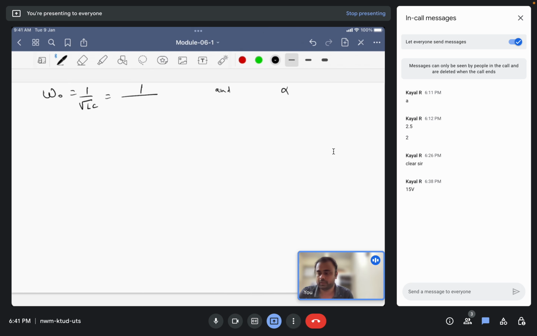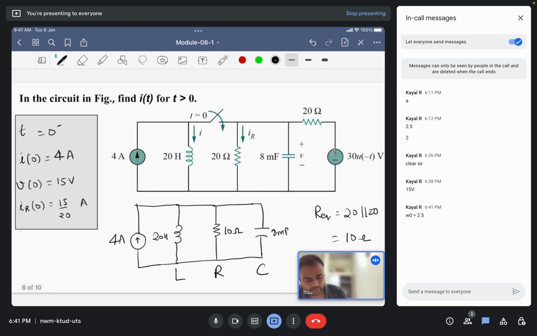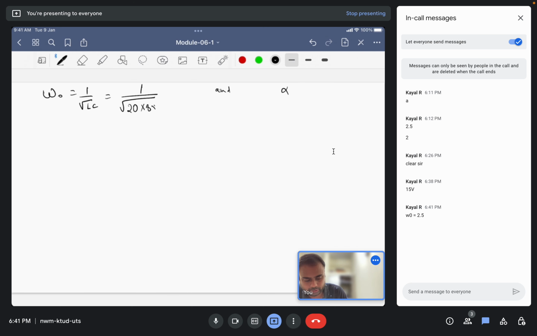So 1 upon square root of 20 times 8 into 10 to the power minus 3. So how much do we get? Omega naught is 2.5. Let me just verify it. 20 multiplied by 8 times 10 to the power minus 3, 2.5. Yeah, very good, that's a correct answer.